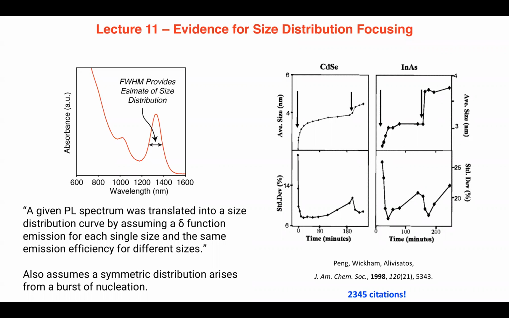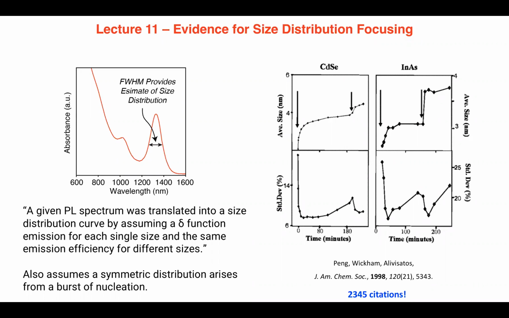The problem with this is that you have to assume a certain width for an intrinsic size. So let's say you had a perfectly monodispersed sample. How broad is this peak in that case? What they said was that it was a line. Okay, and they use that assumption in fitting the changes to that peak. And it turns out it's not a line. And in fact, in this particular spectrum, this is the width of a single size.